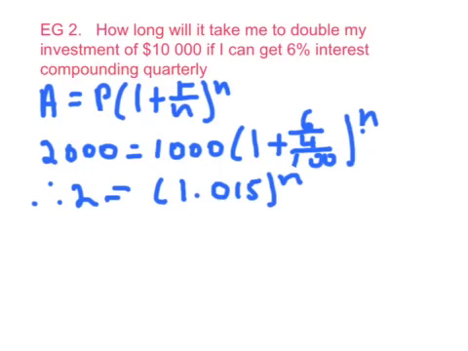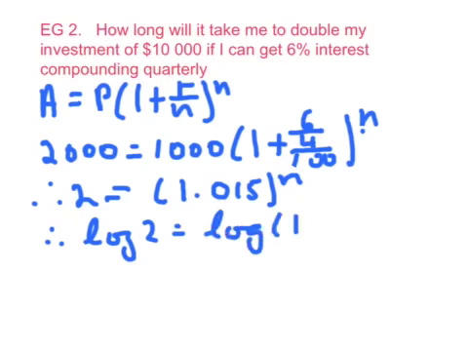Okay, so I can take logs of both sides and make use of a log law to solve this. It's going to look like this. Therefore, log 2 equals log 1.015. That's a 1 there, not a 7, to the power of n.